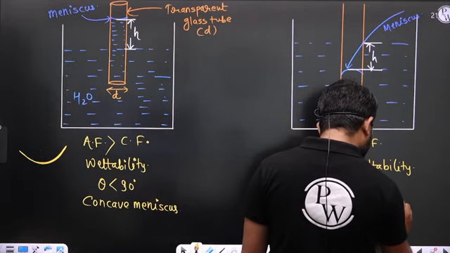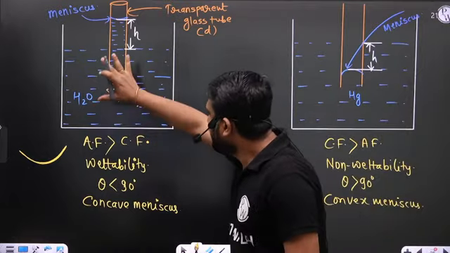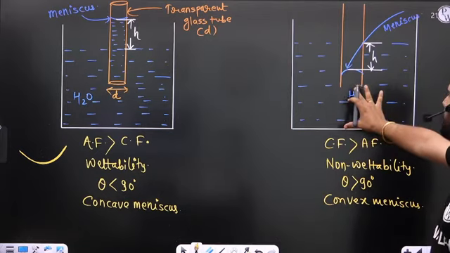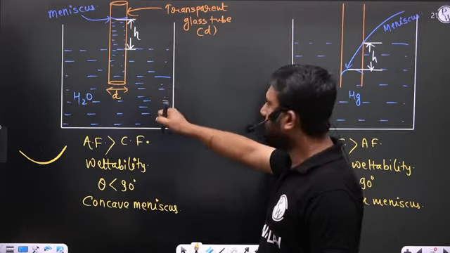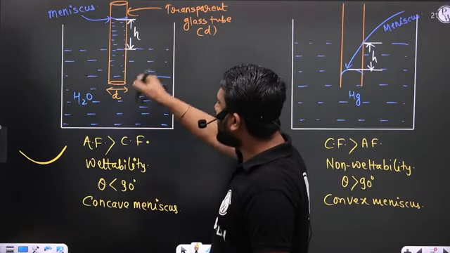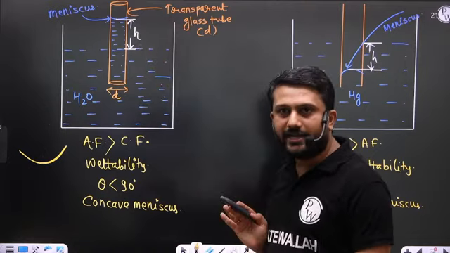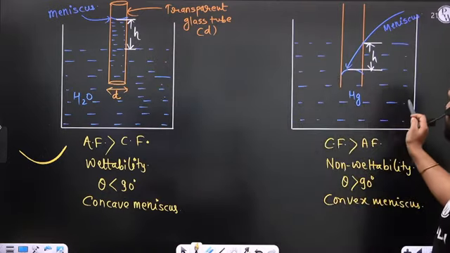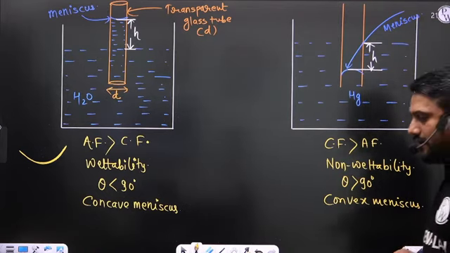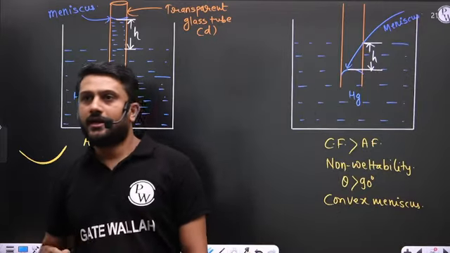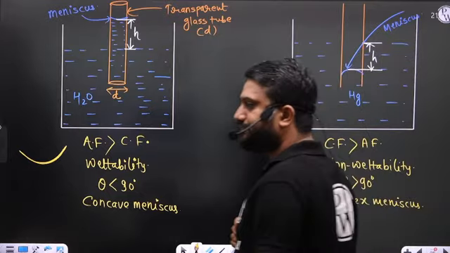So this is a liquid having wettability property, and this is a liquid having non-wettability property. If you dip a narrow passage in a liquid having wettability property, you observe a rise, which is called capillary rise. In a liquid having non-wettability property you observe a drop, which is called capillary depression or capillary fall.